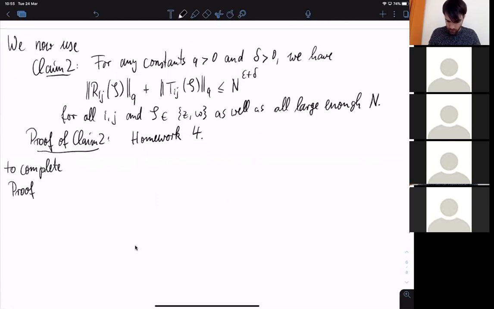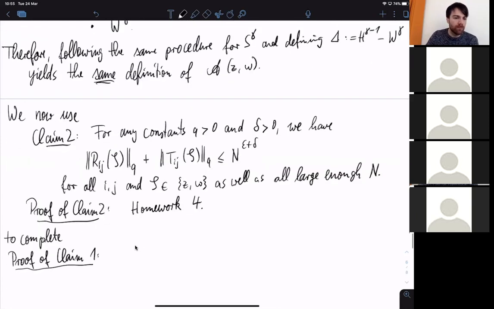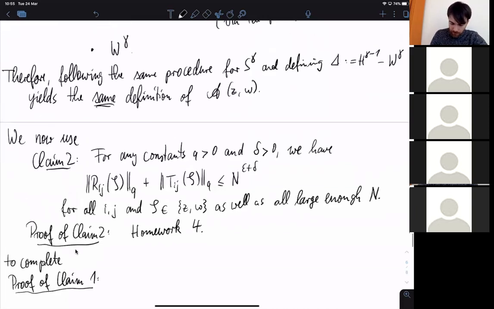Maybe it's again a good time for a picture. And now for this proof of claim 1, we will just have to estimate in this expansion that we had before.